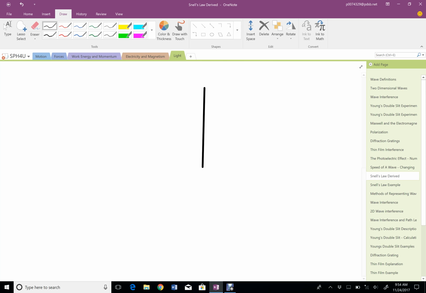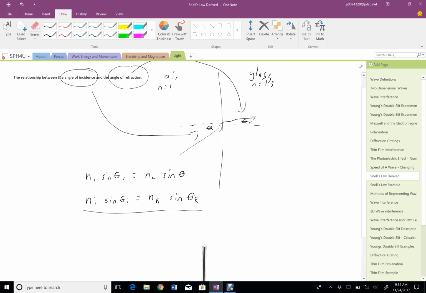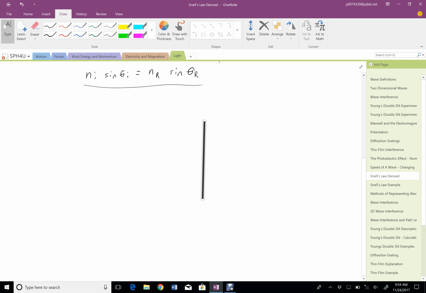Instead of looking at this using a ray diagram like I did up here, I'm going to do this using a wave front diagram. I'm going to use red to do my incident waves, so they're going to come in like this.